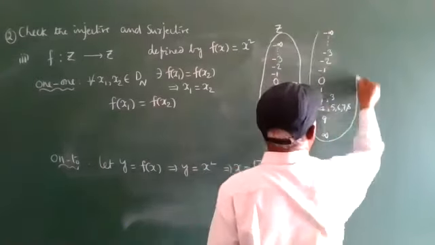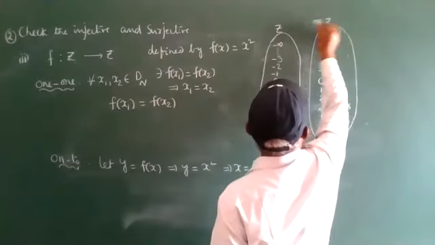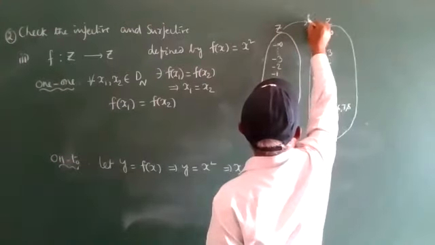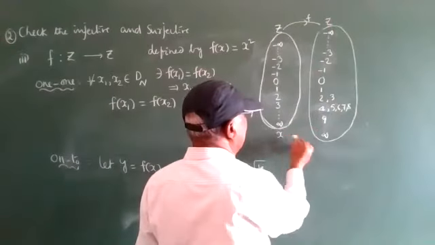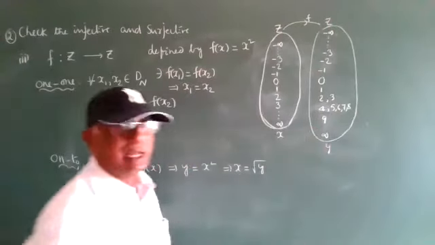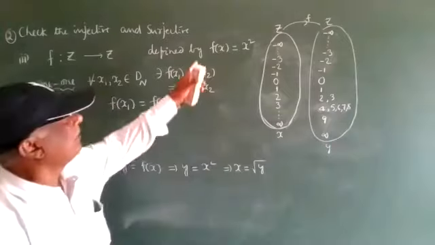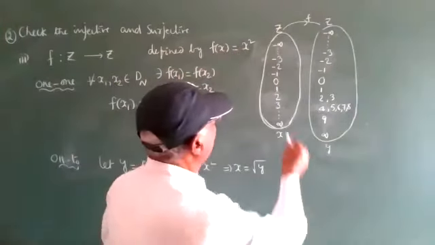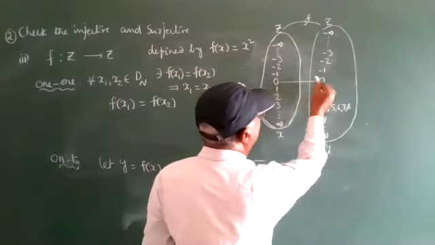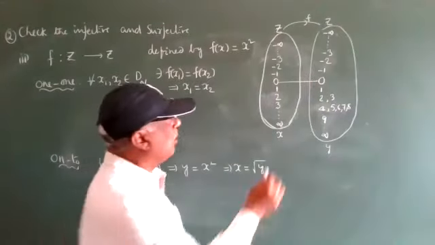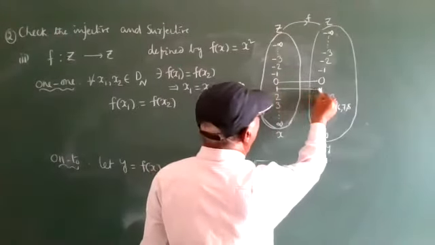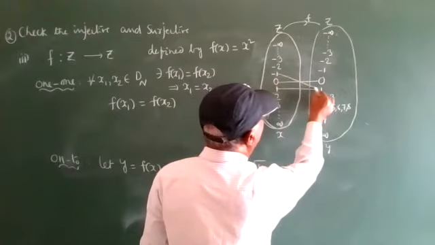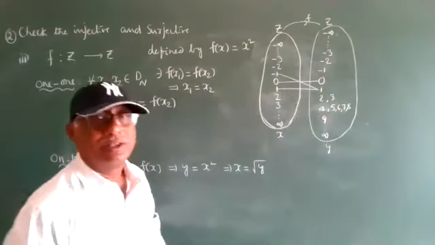Everyone observe, this is also Z. The mapping is Z to Z. The first set is the x value, the second set is the y value. Here f(x) is x squared. 0 squared is 0. 1 squared is 1. Minus 1 squared is also 1.